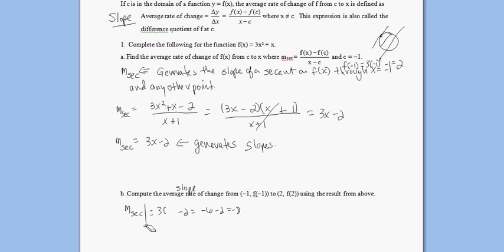Let's try that again. So I wanted to do 2, so 3 times 2, so this is 6 minus 2, and that gives us 4. So the slope of our secant line that goes through negative 1, which was our fixed point, and any other point where the other is 2, our slope is 4.